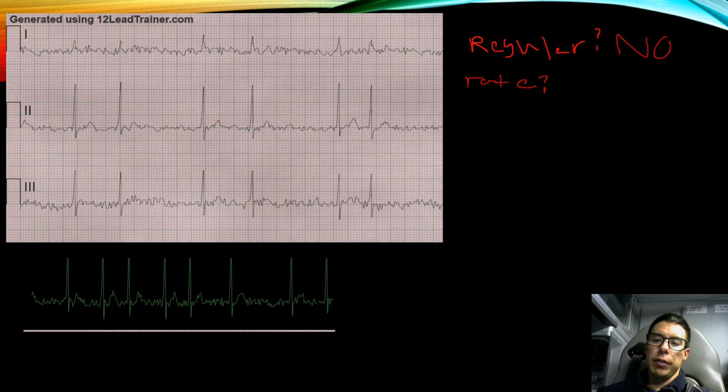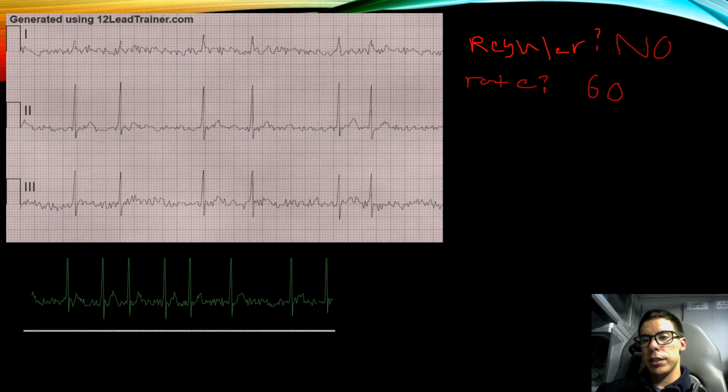So we have to just count the QRSs and multiply by 10, and this is a 6-second strip, so 1, 2, 3, 4, 5, 6. So we got a heart rate of 60.